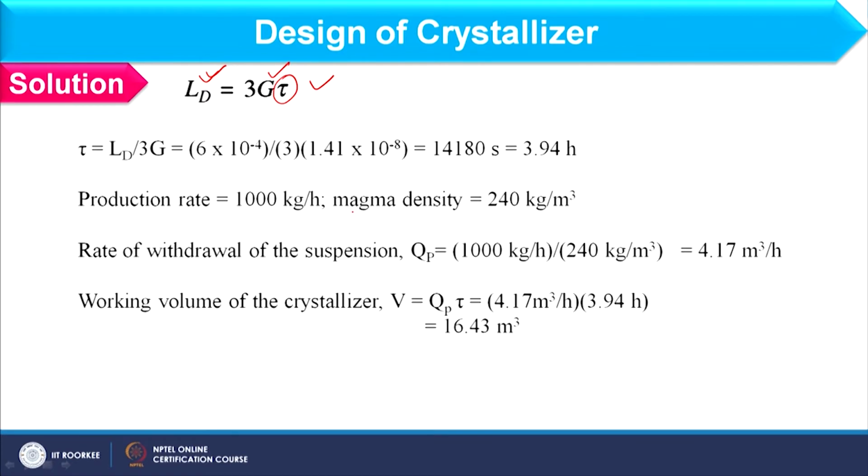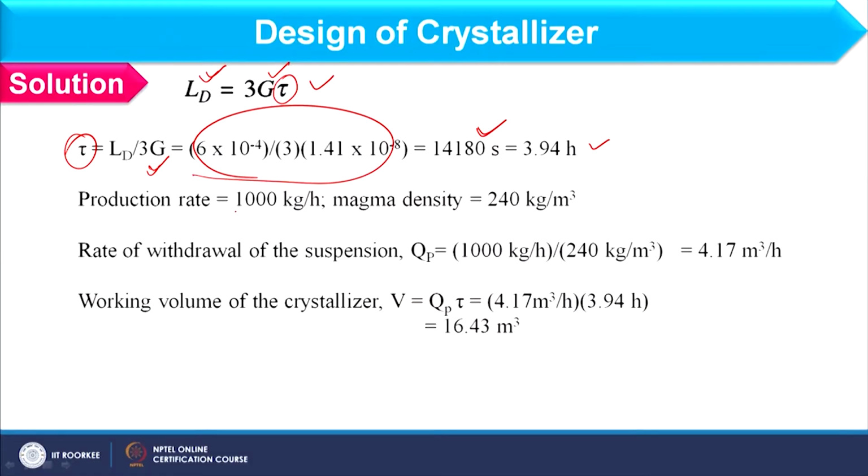Tau is the residence time, so we can calculate it as LD divided by 3 into G. All values are known, and we find the tau value as 14180 seconds, which is equal to 3.94 hours. So, the total residence time of the solution in the crystallizer is 3.94 hours.